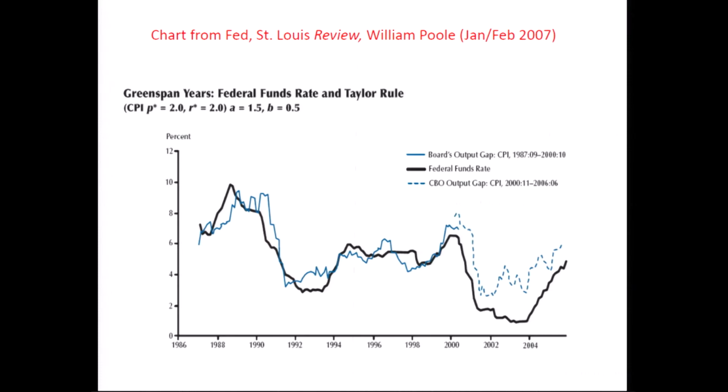Okay, just a few. So this is from the St. Louis Federal Reserve. This is from the Federal Reserve of the United States, but the St. Louis branch. And it's by William Poole, who was the president at the time. And he shows the close association between the interest rate decisions of the Fed, which are shown there in black, and the policy rule.